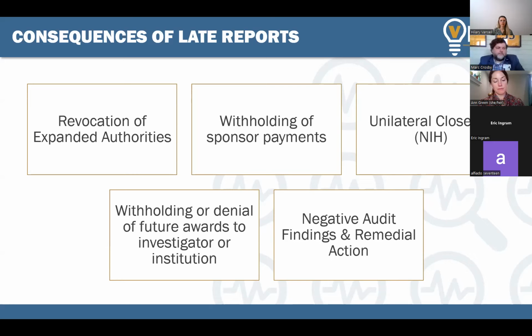When we're the prime recipient, the 120-day rule is in effect. If we submit the final report after 120 days, and it turns out that final report included expenses that we had not yet asked for reimbursement, well, after 120 days, for the U.S. federally funded projects, those go into what's called an expired status.